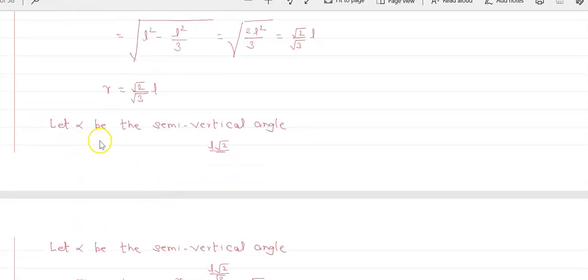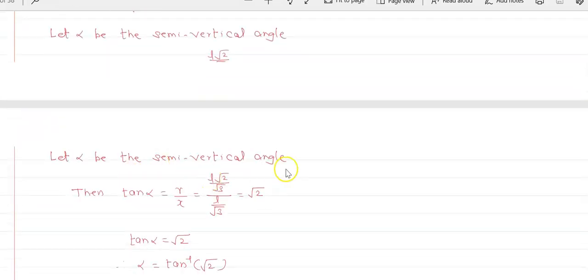Let alpha be the semi-vertical angle. Then tan alpha, by definition, is the opposite side upon the adjacent side, where the opposite side is the radius.